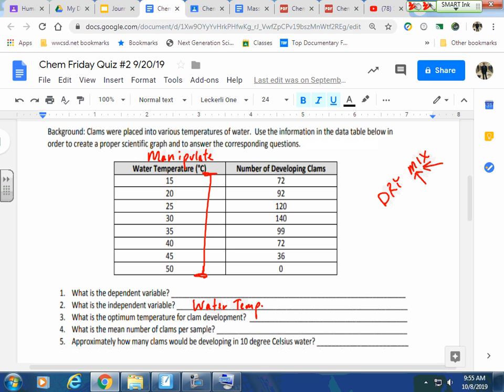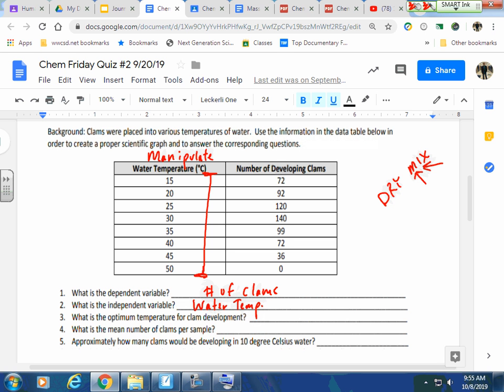But you should know that the dependent variable is the number of clams. Okay? The number of clams. It's changing because you changed the different temperatures. So you manipulated the temperature, and when you did that, it changed the number of clams that developed.